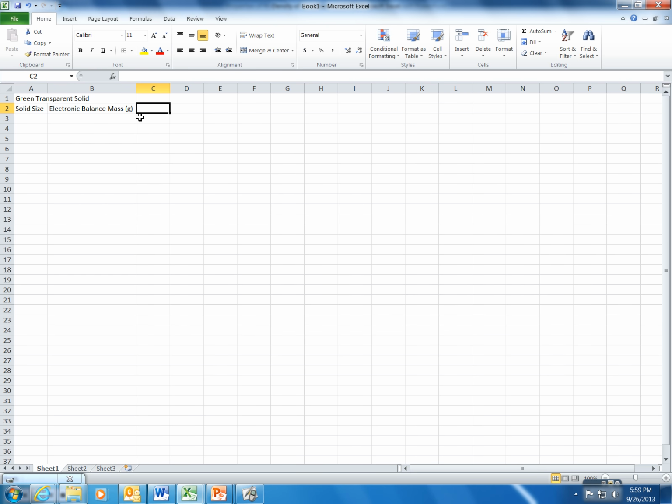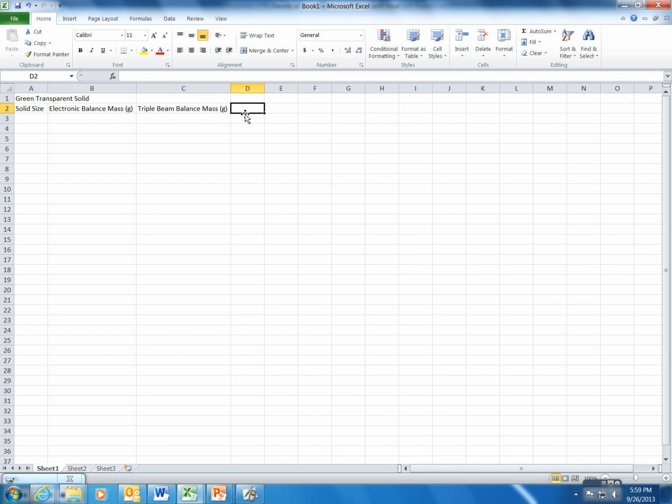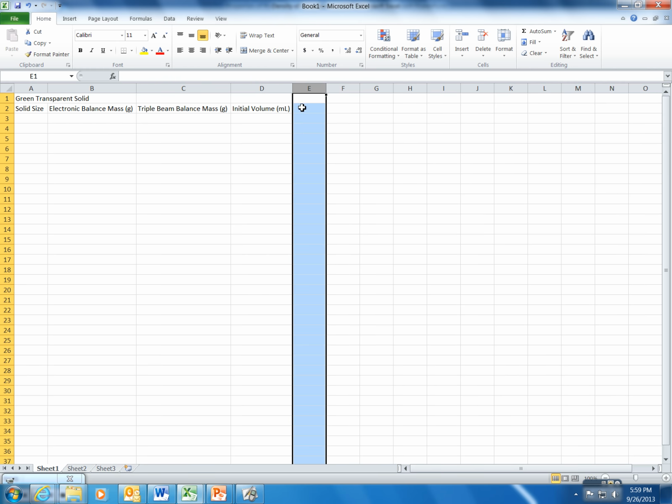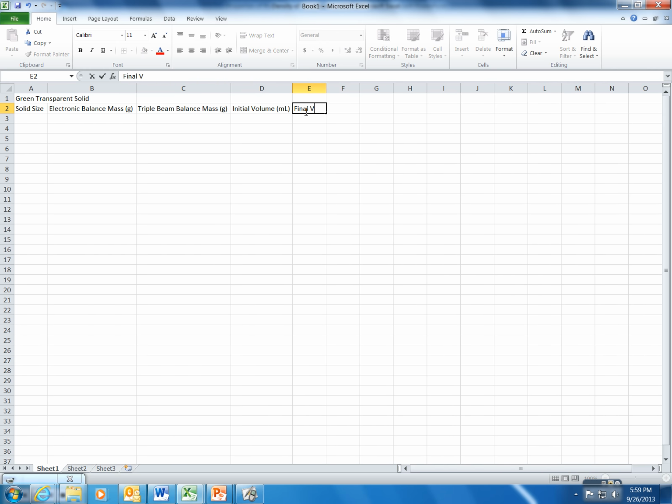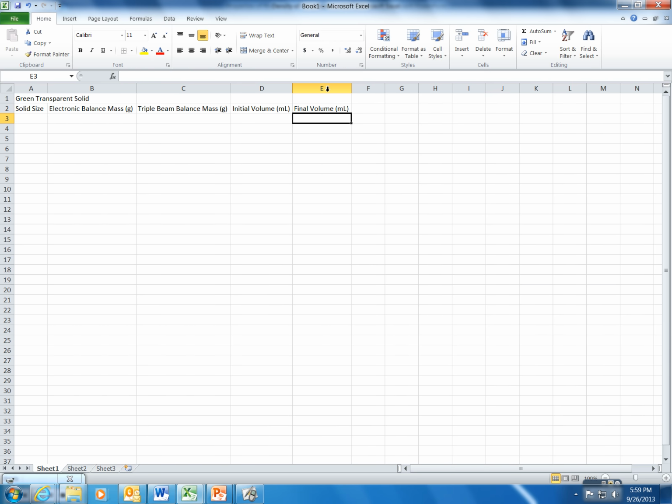So I have my electronic balance mass, then I have a triple beam balance mass, also in grams, and I'm resizing these columns as I go. We also took the initial volume when we did our water displacement, and that was measured in milliliters. And then we had our final volume, and that was also measured in milliliters.